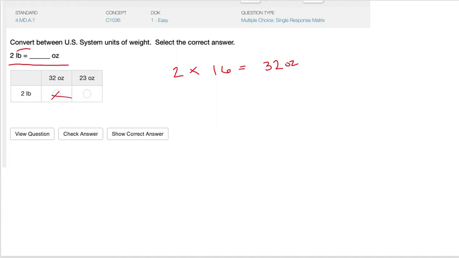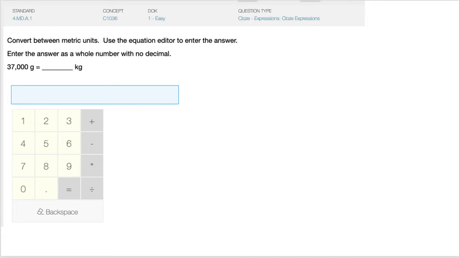Here's another example. Convert between metric units. Use the equation editor to enter the answer. Enter the answer as a whole number with no decimals. So 37,000 grams equals how many kilograms?